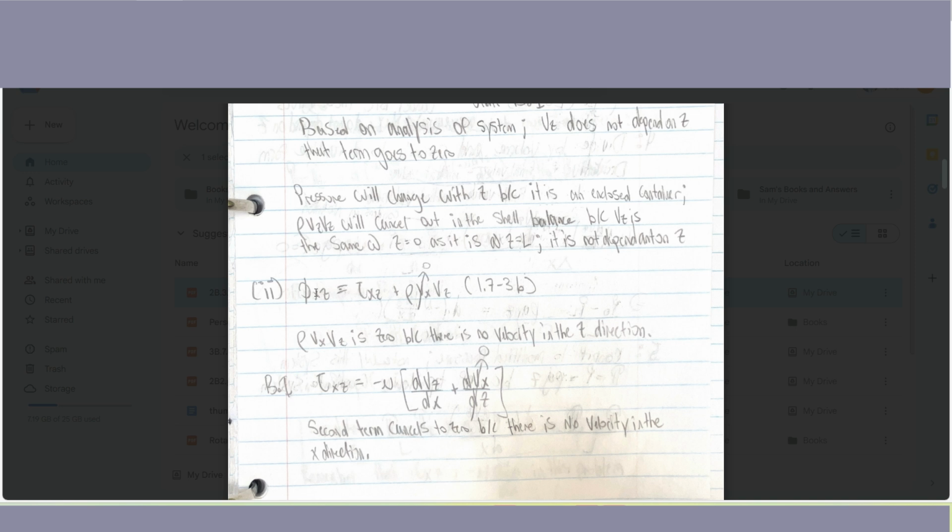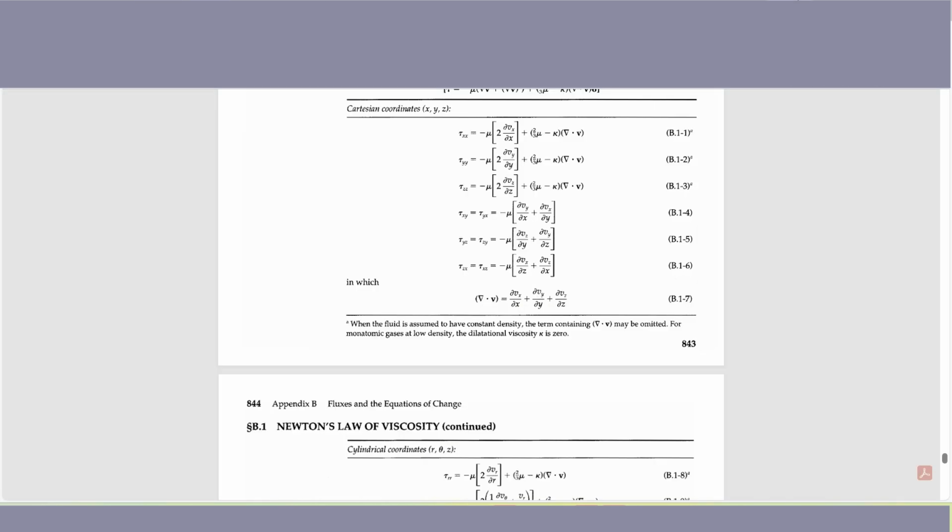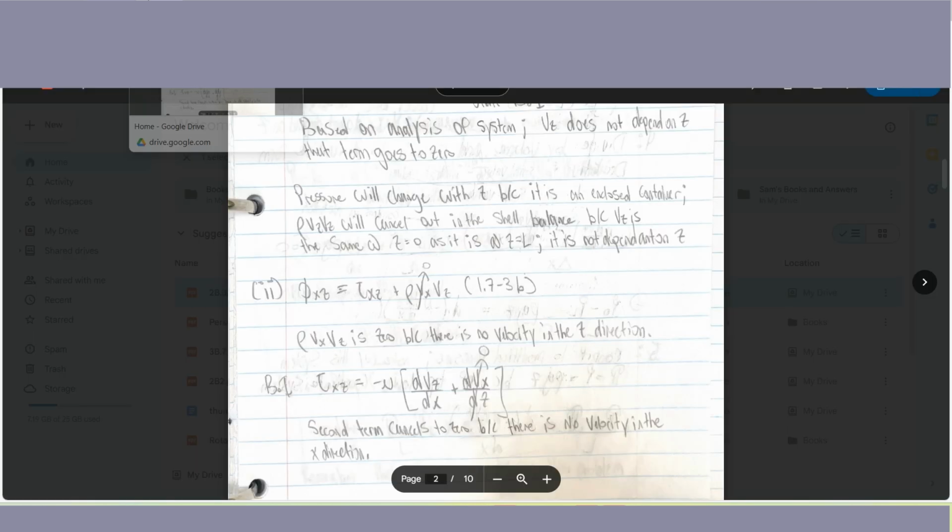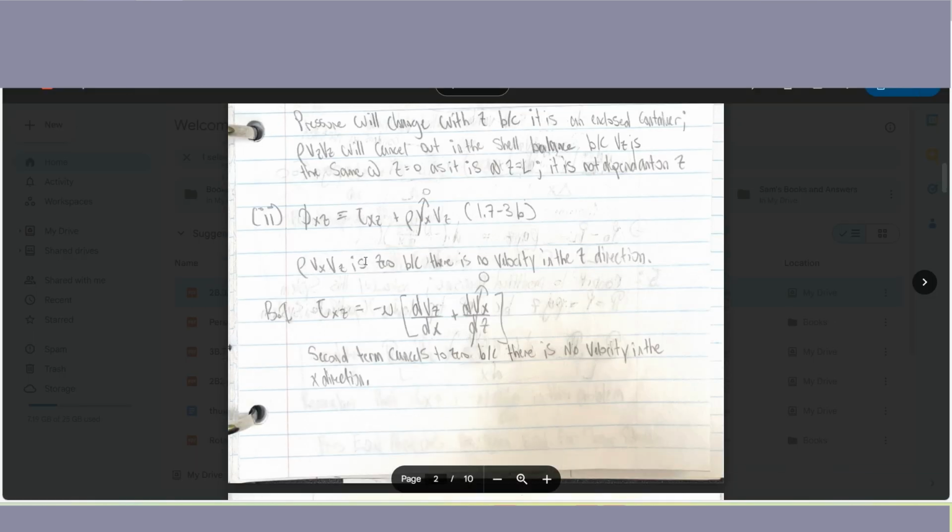So momentum flux in the XZ direction equals tau XZ. And tau XZ from table B1 equals negative viscosity times dVX dZ plus dVZ dX, and this term goes to 0 because there's no velocity in the X direction.